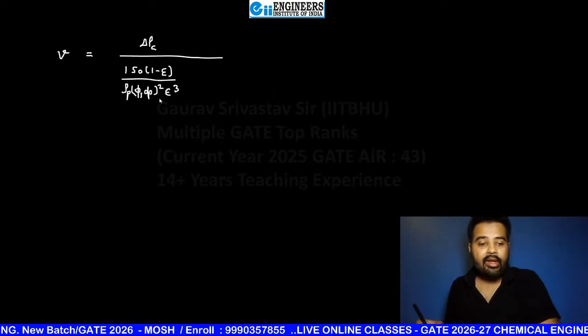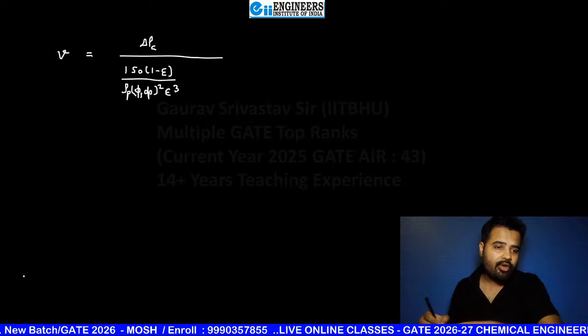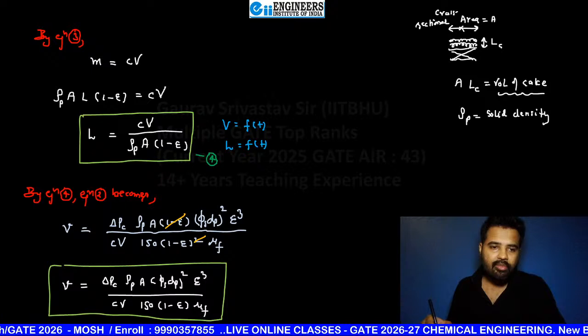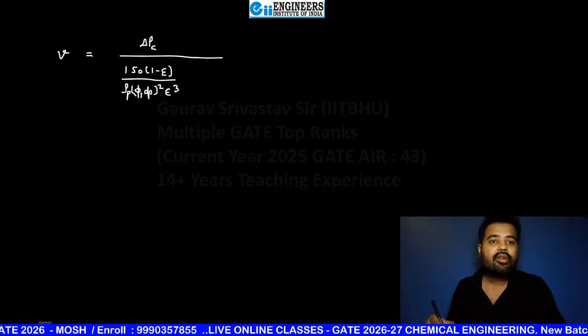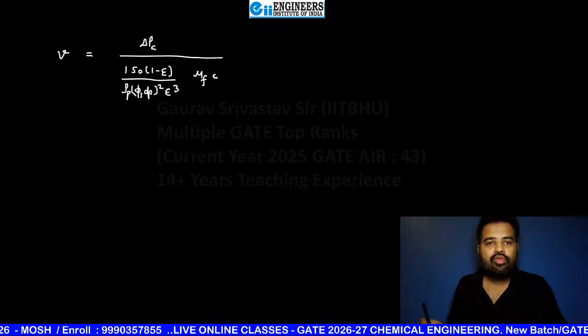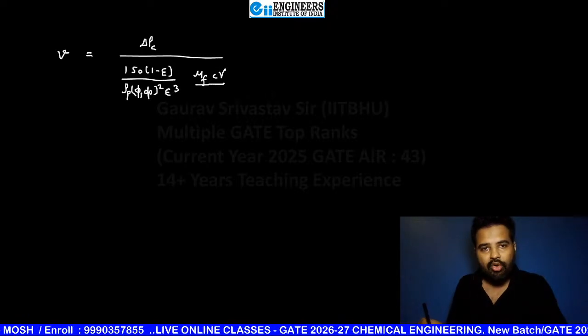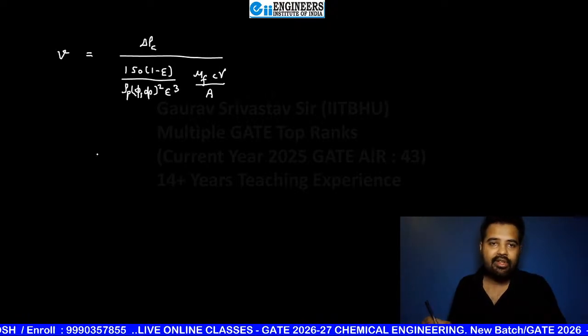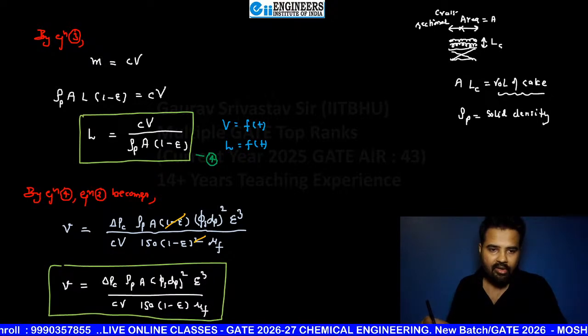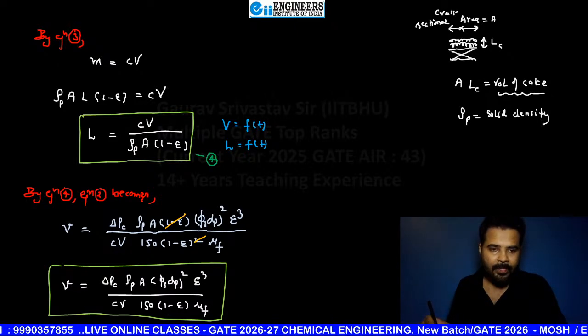Okay, and the remaining term is mu c V upon A. It should be mu c V upon A. Let me check. Mu c V upon A. Yeah, correct. I'm just cross checking because I remembered that final equation. So mu c V upon A, 150 1 minus epsilon. Remaining is rho P phi s dP square epsilon cube.